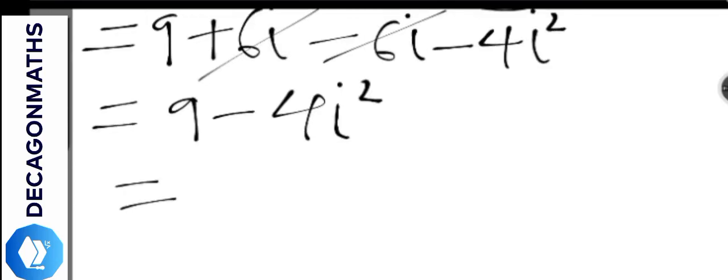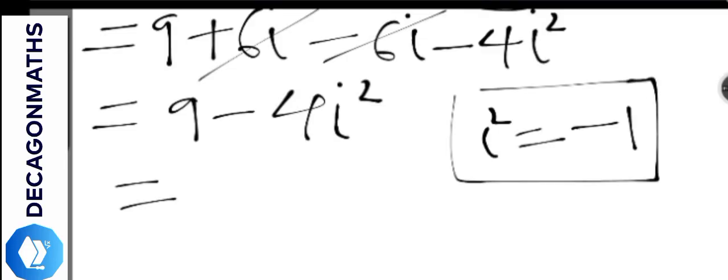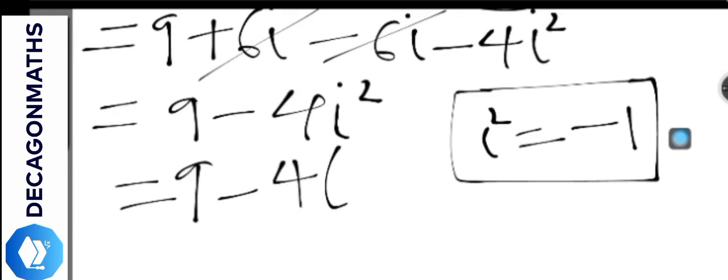So recall that i squared is equal to minus 1. So we are going to replace this i squared with minus 1. So in the next line we have 9 minus 4 times bracket minus 1.